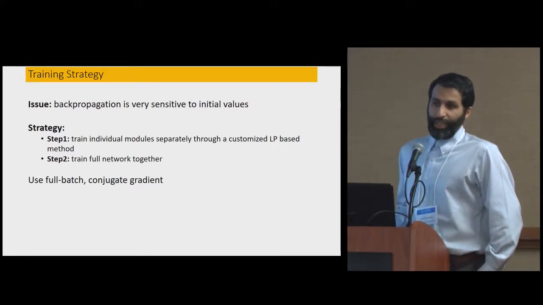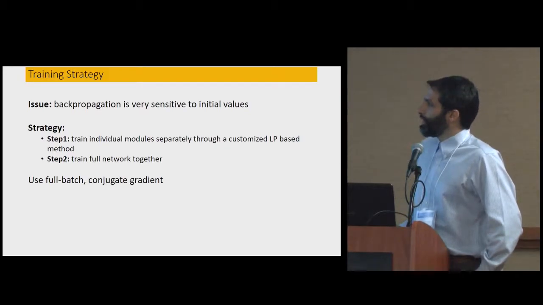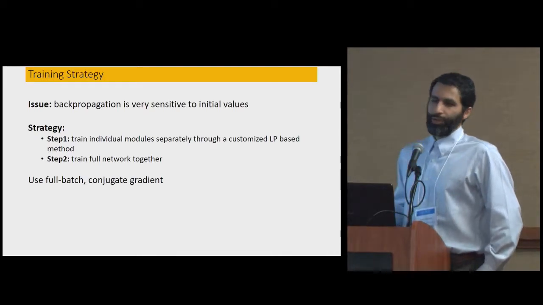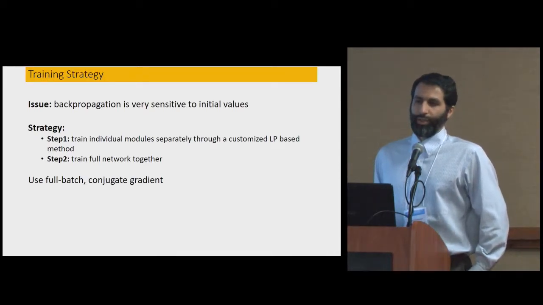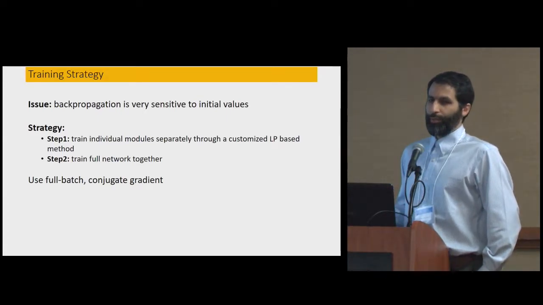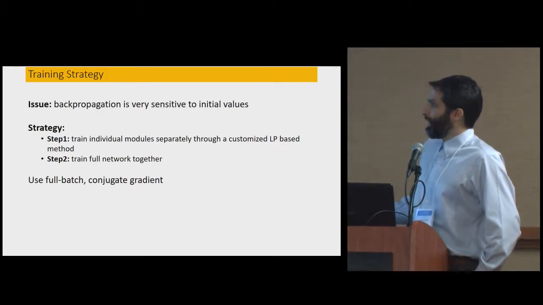We took a strategy that has two steps basically. First step is you train the individual modules separately. So you take each gene, you know the concentration of the transcription factor, you know the mRNA level of the product. Therefore, you can train individual modules, and we use a customized linear programming based method.